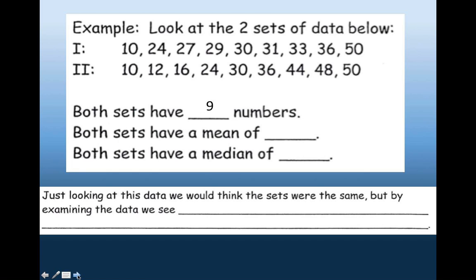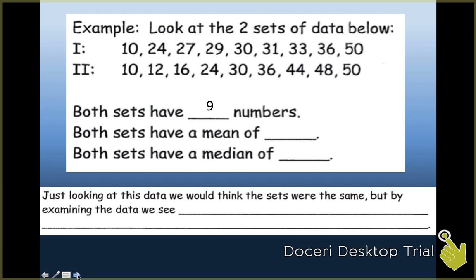If you actually average the first set out, you would get x bar, or the mean, equals 30. If you average the second set, you get the same thing. X bar is also 30. So they both have a mean of 30.